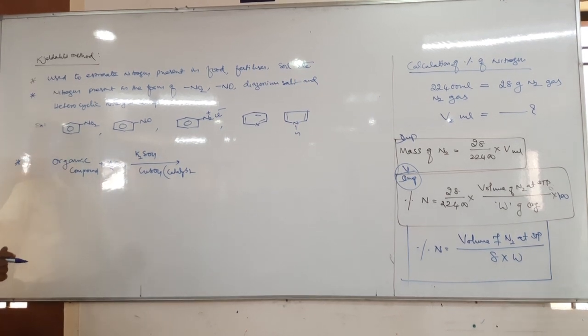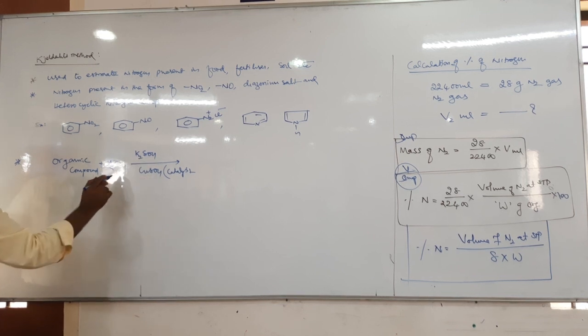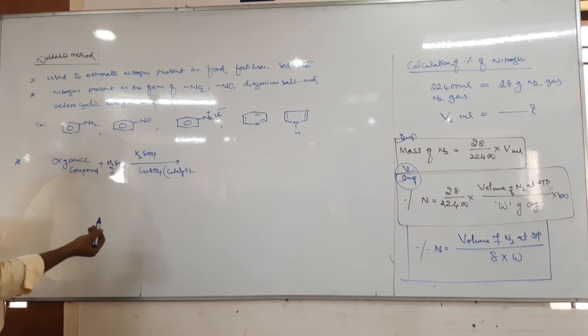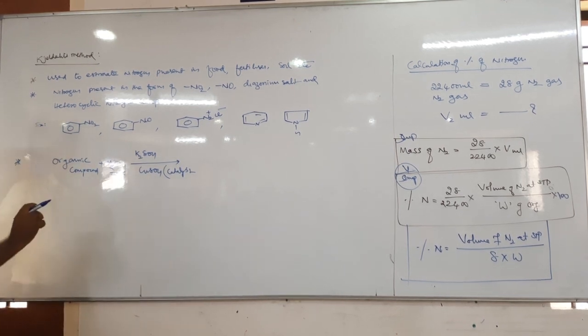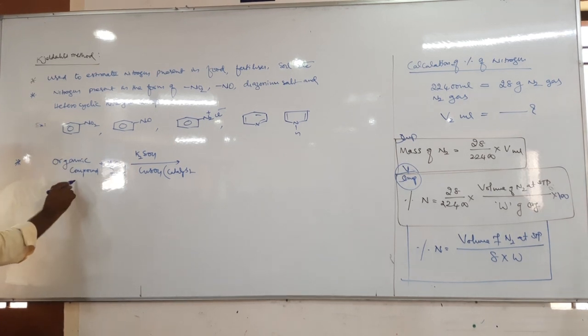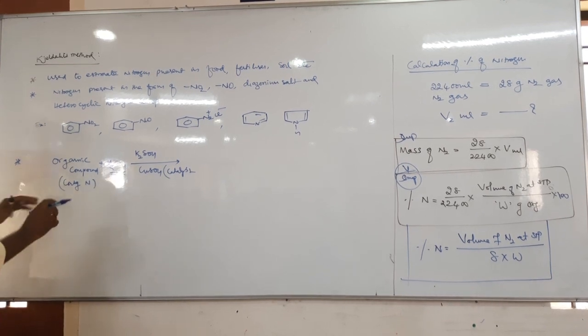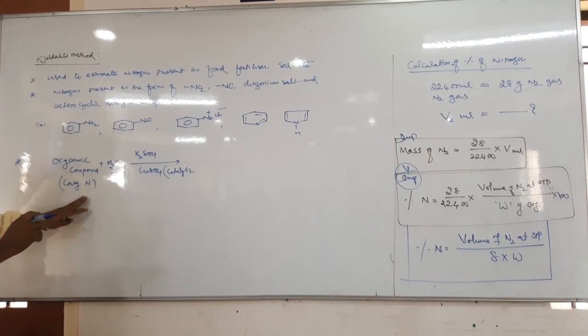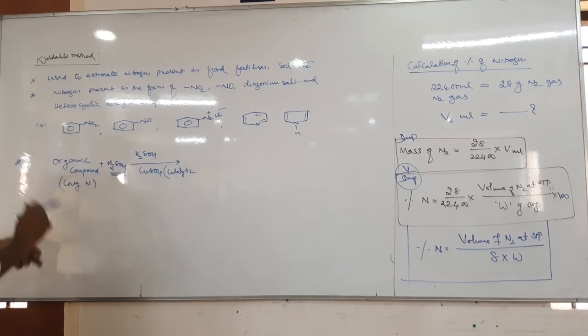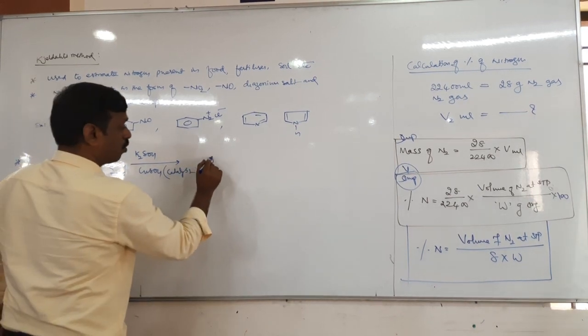This potassium sulfate increases the boiling point of sulfuric acid. Okay, now tell me, this organic compound containing nitrogen, what happens? This nitrogen containing organic compound reacts with sulfuric acid, and you will get ammonium sulfate.